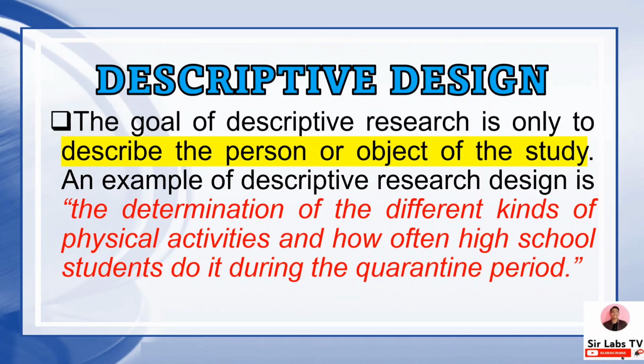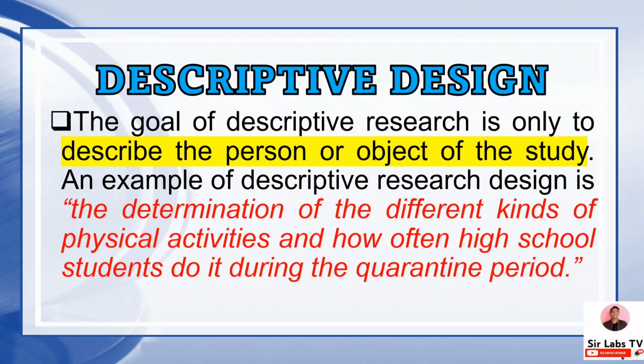The goal of descriptive research is only to describe the person or the object of the study. An example of descriptive research design is the determination of the different kinds of physical activities and how often high school students do it during the quarantine period.